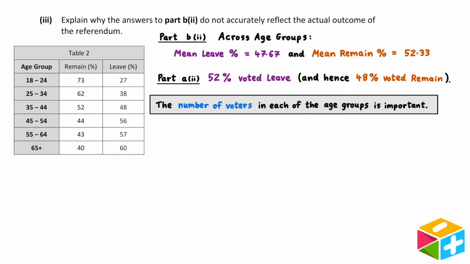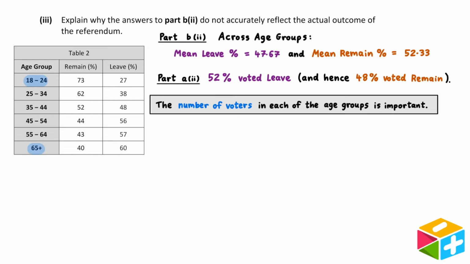And the key observation here is that the number of voters in each of the age groups is important. Let's illustrate this with an example. The first age group in our table is 18 to 24. This interval spans 7 years.